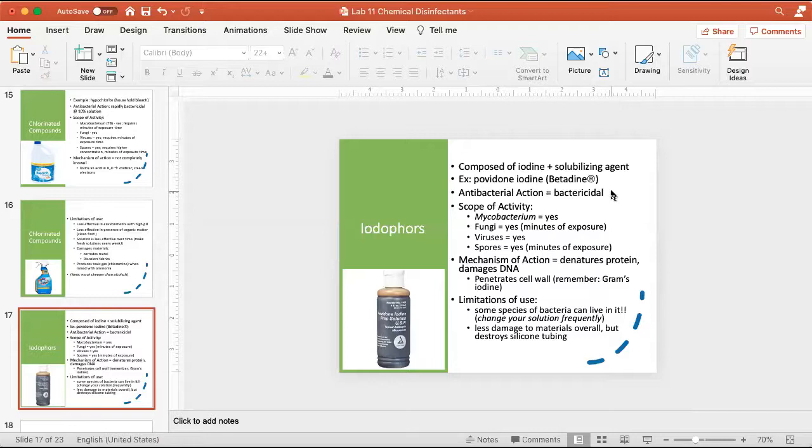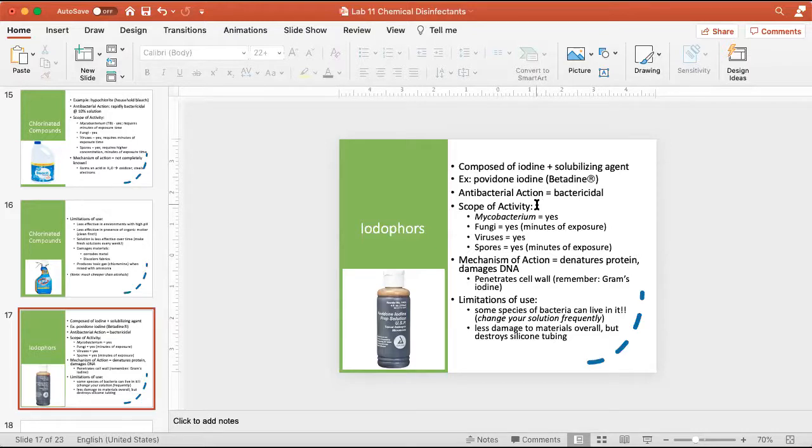Only the alcohol and the bleach are rapidly bactericidal. So if you were going to use iodophores as a disinfectant, remember we're talking about inanimate objects, you would have to put them on the surface and leave them a little bit longer, maybe a minute or two.